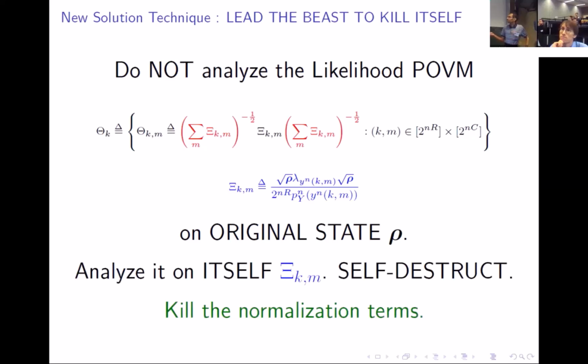You can use this simplest POVM for every problem out there. The only thing is, you should not operate it on the original state, but on the proxy state, which is this. The proxy state is guaranteed to converge to the original state, because that's one of your rate bounds.